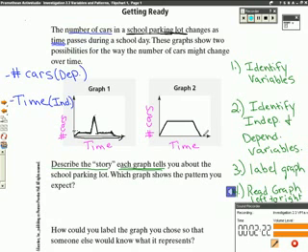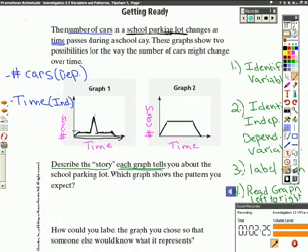My only problem with graph 1 is the fact that it's only a little bit of cars that come in, and then there's nothing, and then all of a sudden there's a ton of cars coming in, then a ton of cars leaving. I can't see that happening at a school where a whole bunch of cars are coming in, and then a whole bunch of cars leave almost right away. It doesn't make any sense.